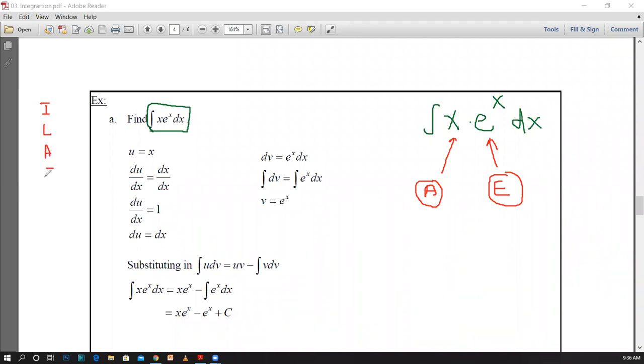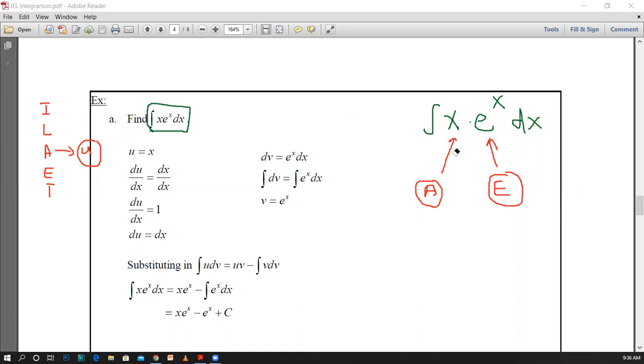If you compare the positions of algebraic and exponential, algebraic is on top of exponential. Therefore the function x has to be considered as function u.